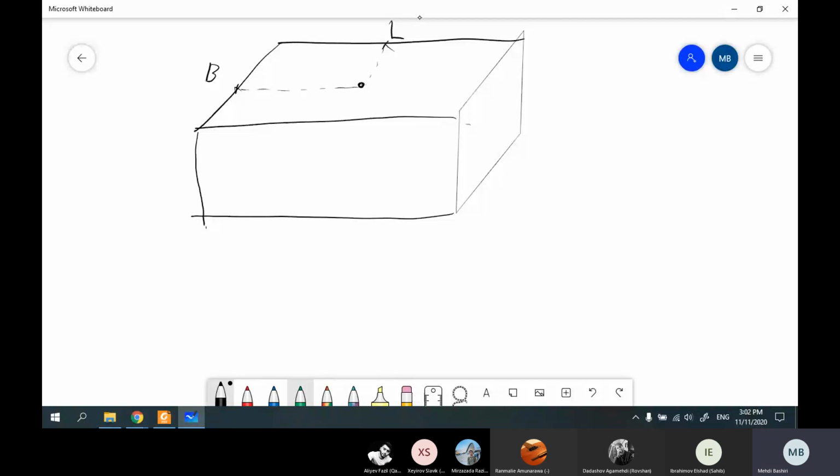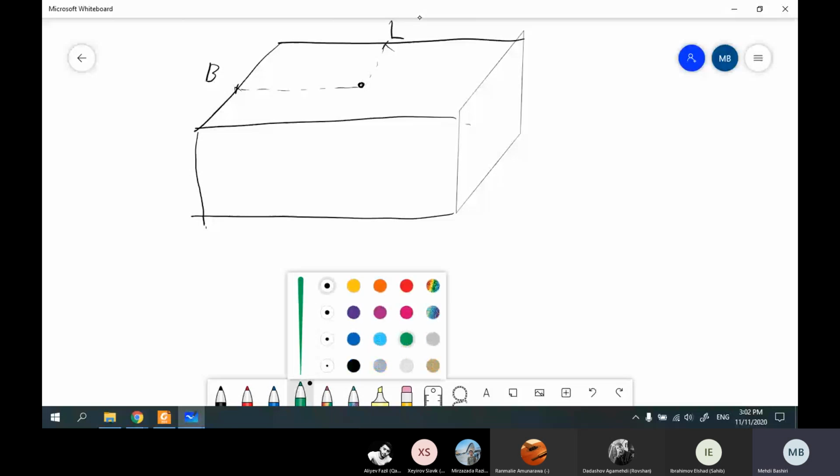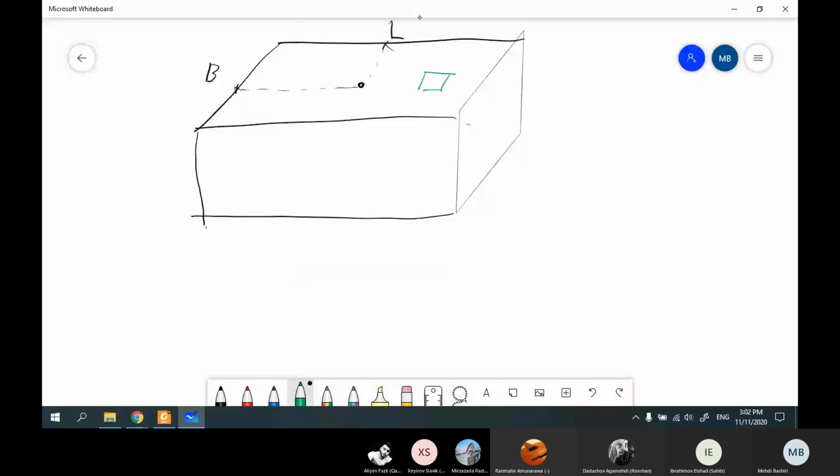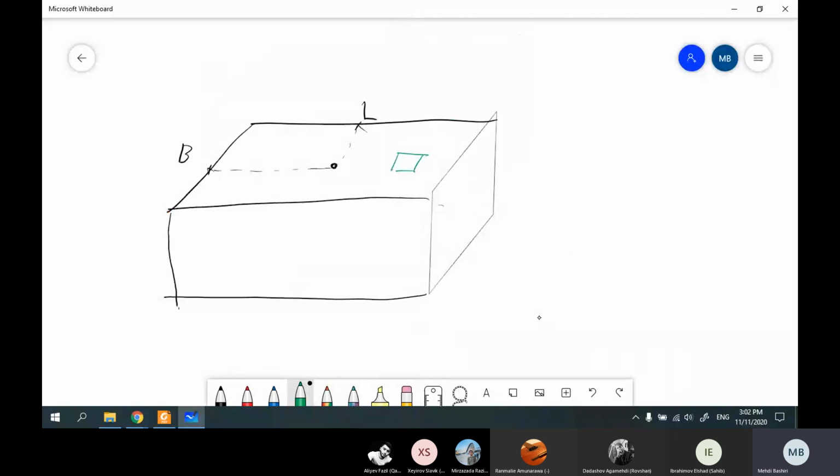But instead of being here, the column is somewhere else, like here. So the column is a force like this.